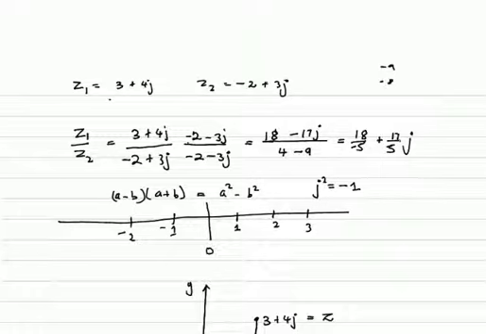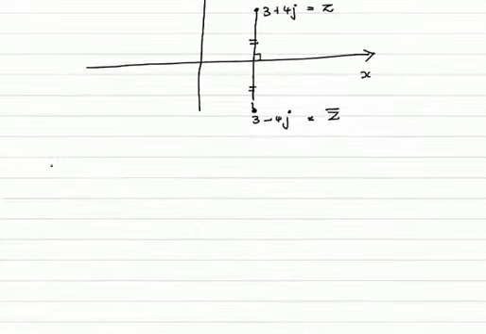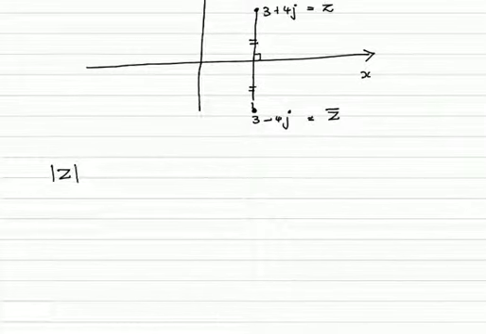The last thing which I would like to also address on the issue of complex numbers is what we call the modulus of a complex number, written this way, which is the absolute value or the modulus. The modulus of a complex number basically is the distance from the origin to the position of the complex number, which is the usual thing.